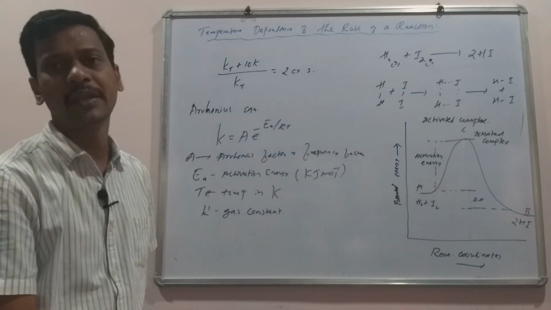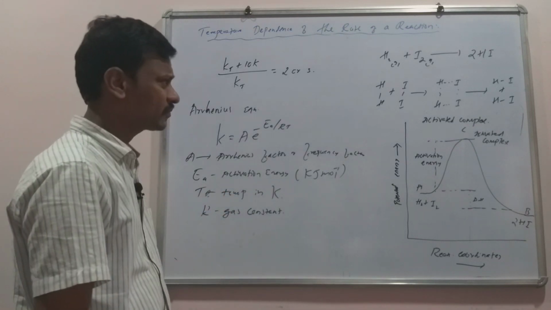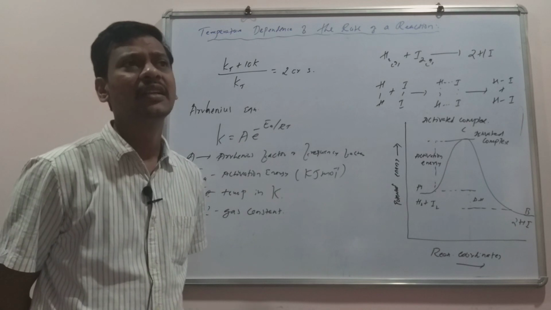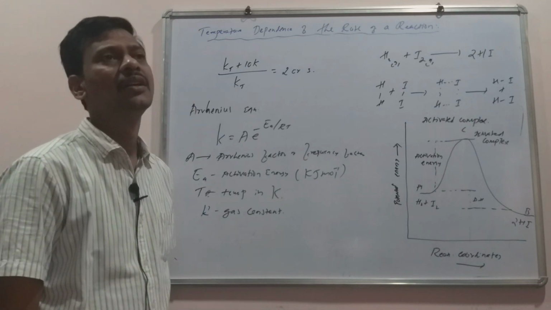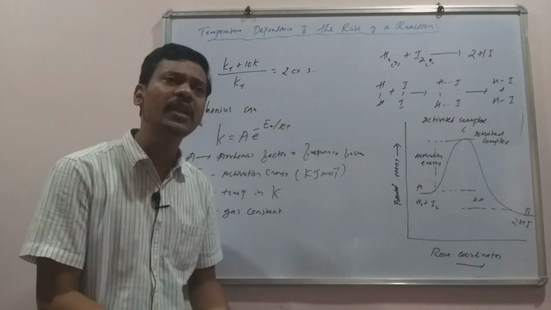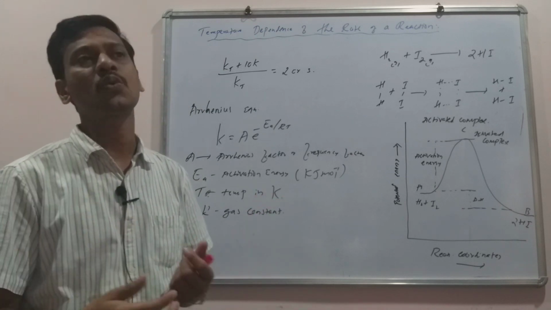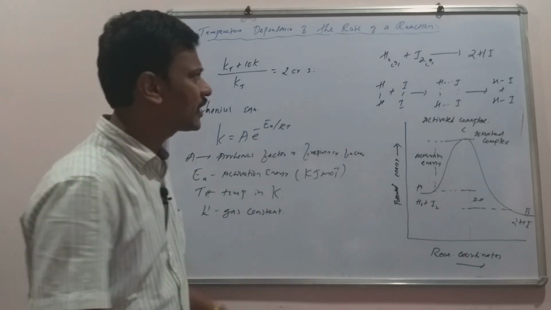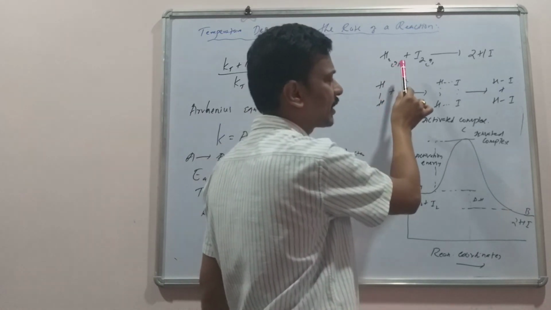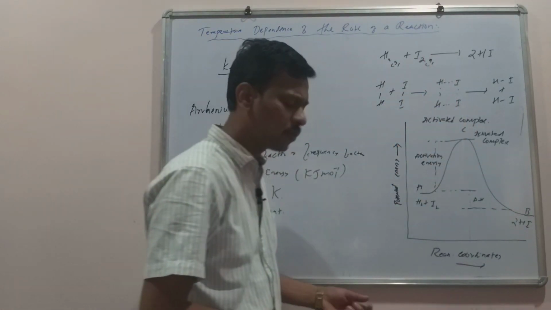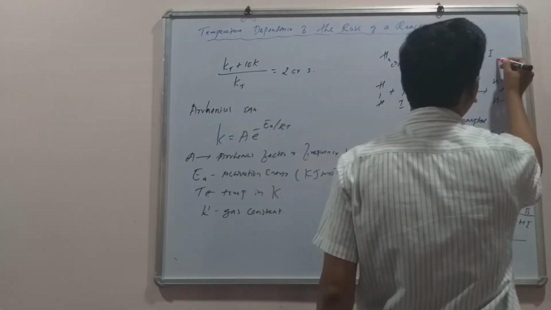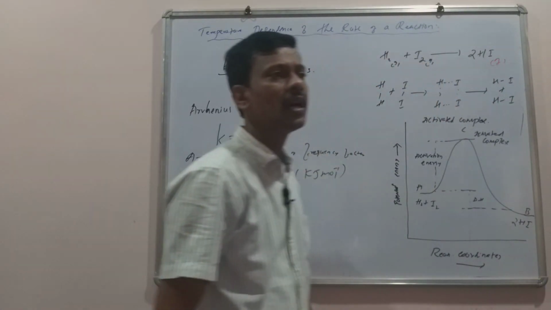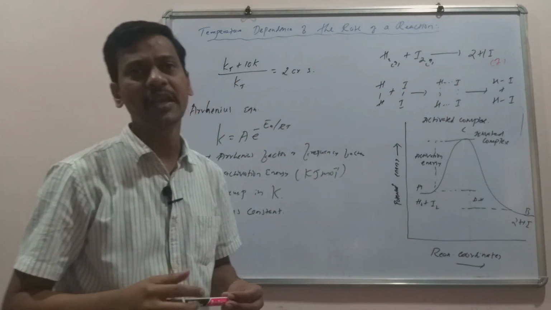From Arrhenius it is very clear that the reaction will take place only when the reactant molecules collide. Taking the example of the reaction between H2 and I2, he explains very clearly on the basis of collision theory.